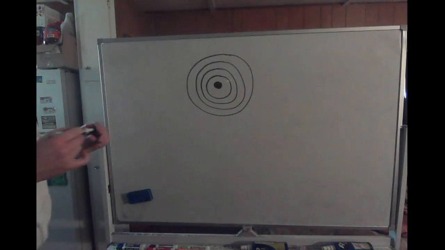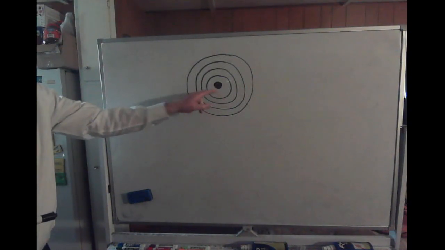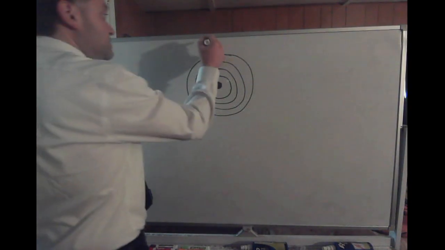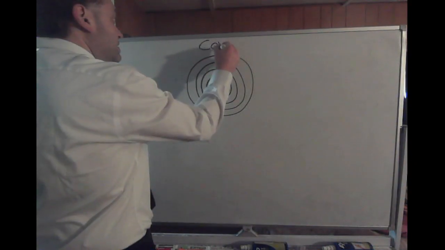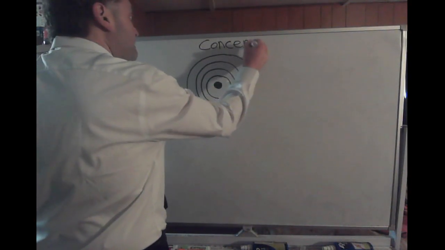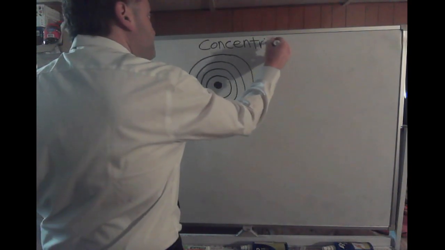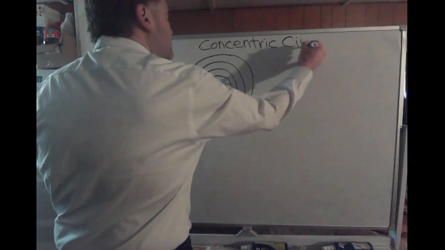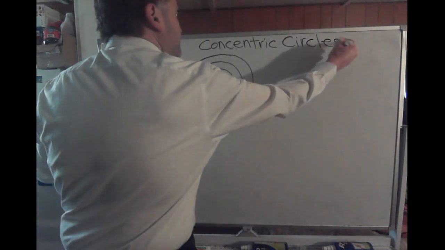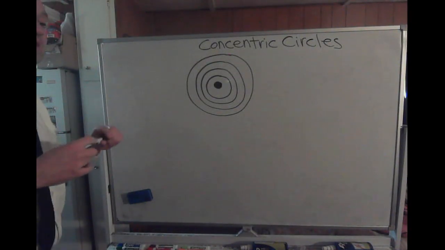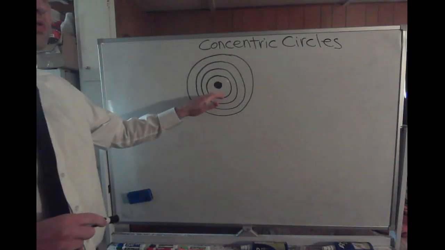So I'm sure all of you have seen a target before. That is an example of what is called concentric circles. So your target, if you go target practicing, that's an example of concentric circles.